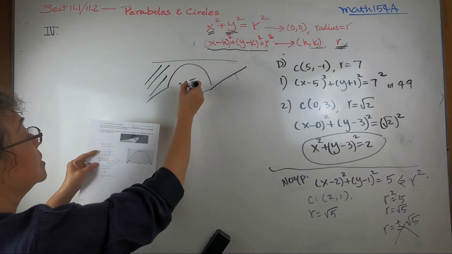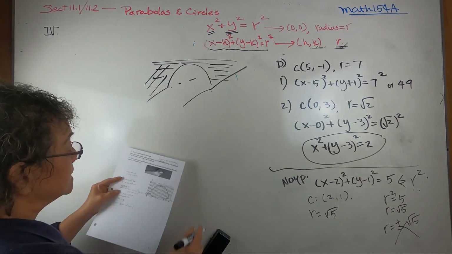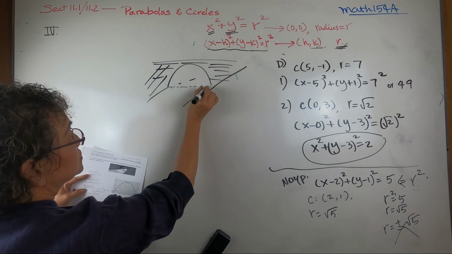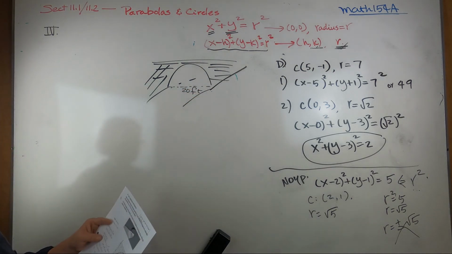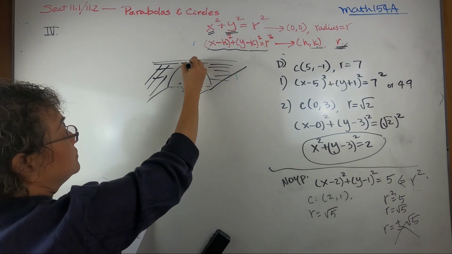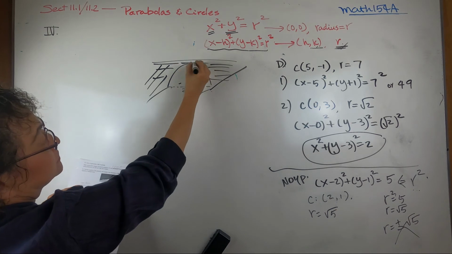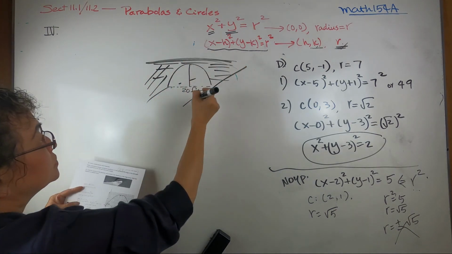Okay, so if we have a situation like this, then we say the river crossed over is what? 20 feet. Then if your height from the bottom of the curve, right, your road goes through that.